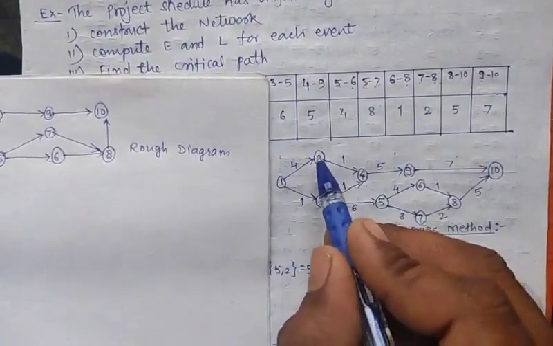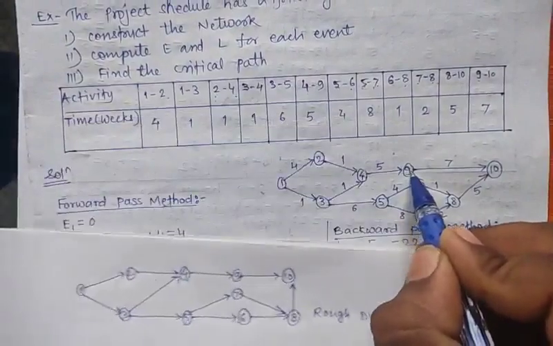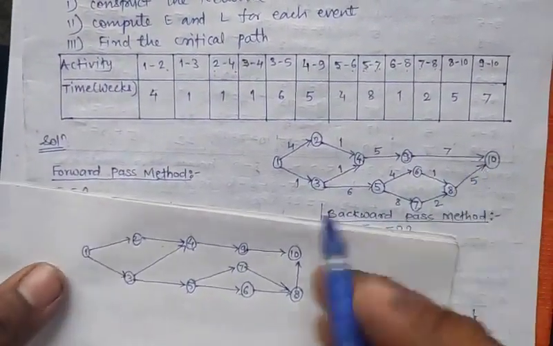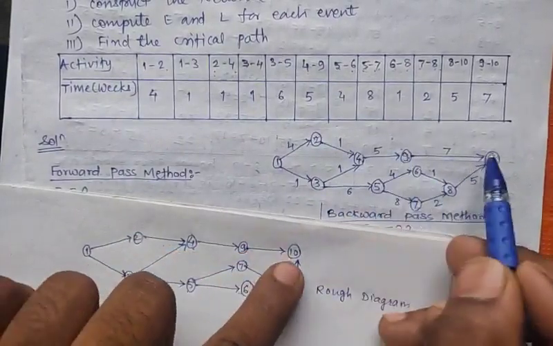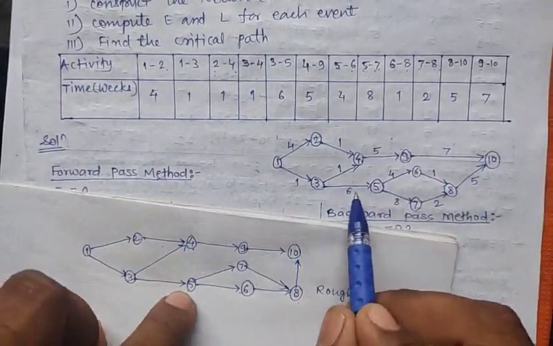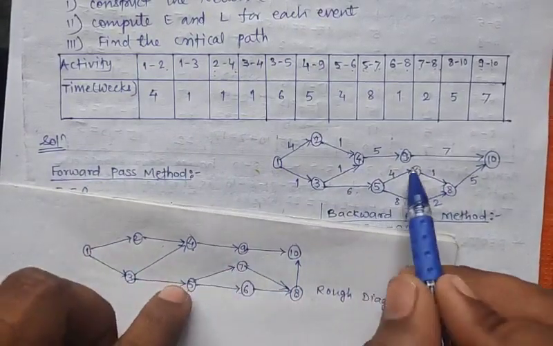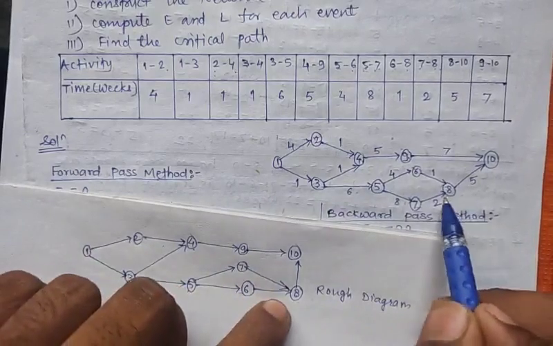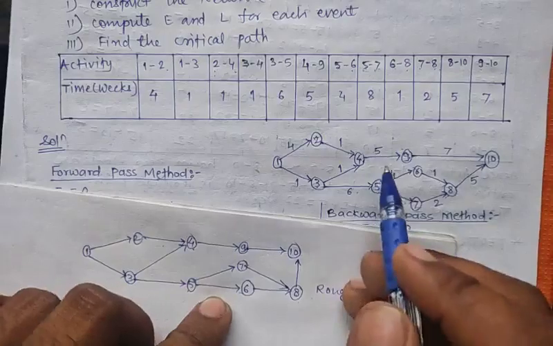Here 1 goes to 2, 2 goes to 4, 4 goes to 9, 9 goes to 10, and also 3 goes to 5, 5 goes to 7, 7 goes to 8, and 5 goes to 6, 6 goes to 8, and 8 goes to 10. These are the time intervals.